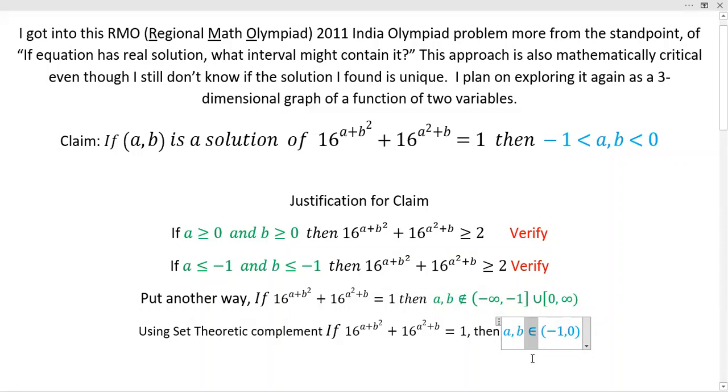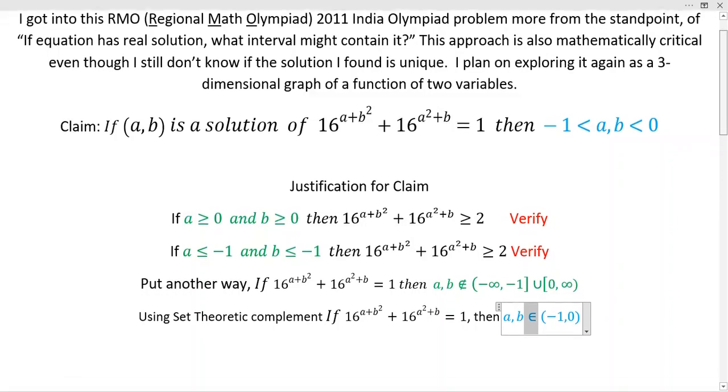It's very direct. It says if there's a solution to this equation, it has to happen between -1 and 0 because it's greater than or equal to 2 everywhere else. Okay, so that's really the reasoning behind this. So that's not that difficult. All right, so we kind of reduced the size of the haystack here.